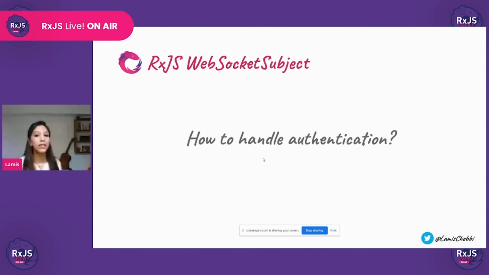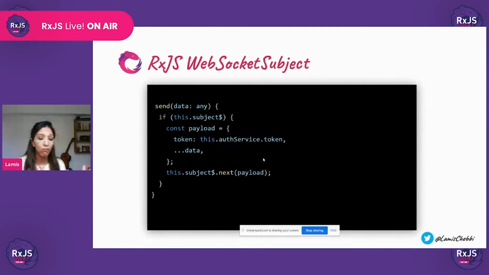Now, how to handle the authentication? To handle the authentication, for my project, I'm just sending a payload to my server, and I'm using this JWT token, but you can use any other authenticator. The server layer should be aware of this and send the adequate message when the token is sent and validated.